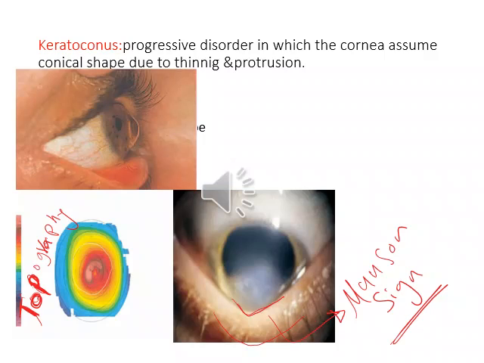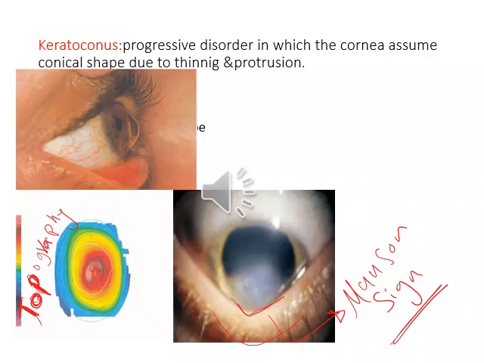After 6 months it becomes minus 4. The cylinder, if it increases more than 1 diopter within 6 months, we should also take this condition into consideration, and we should do corneal topography for the patient to exclude keratoconus.